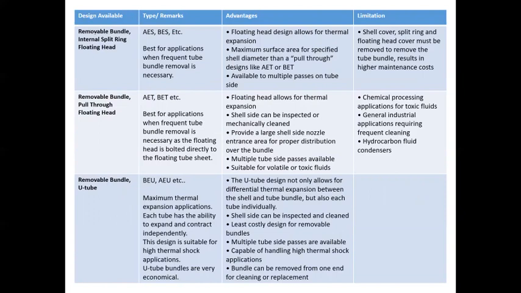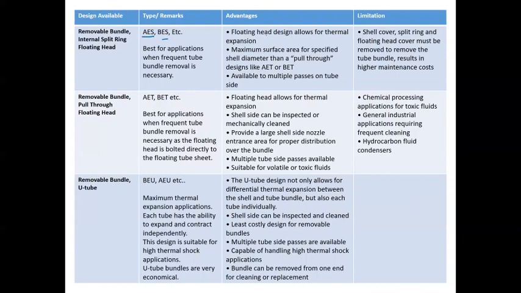Okay, for example, the removable bundle based on the combination of AES, BES, and so on. This is the best application when frequent tube bundle removal is necessary, usually related to higher maintenance or troubleshooting and cleaning of the tube. Okay, these are the advantages of the floating head design.